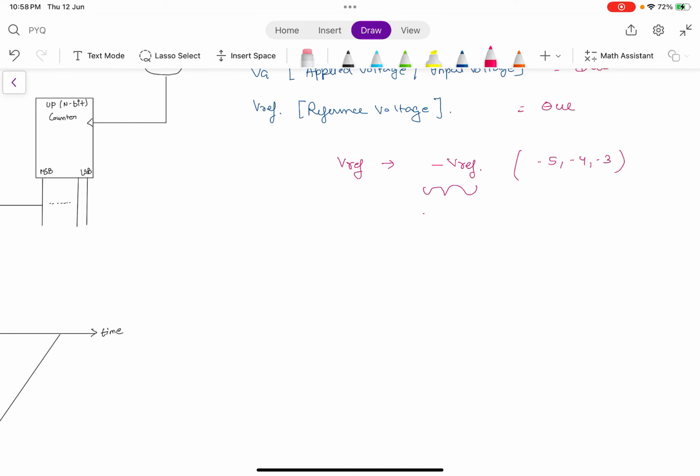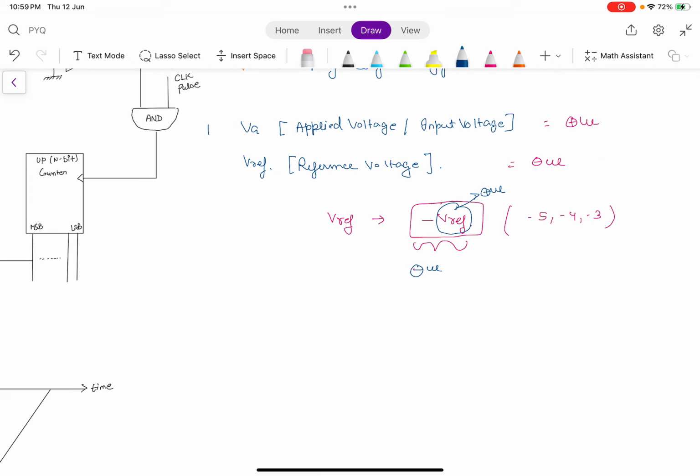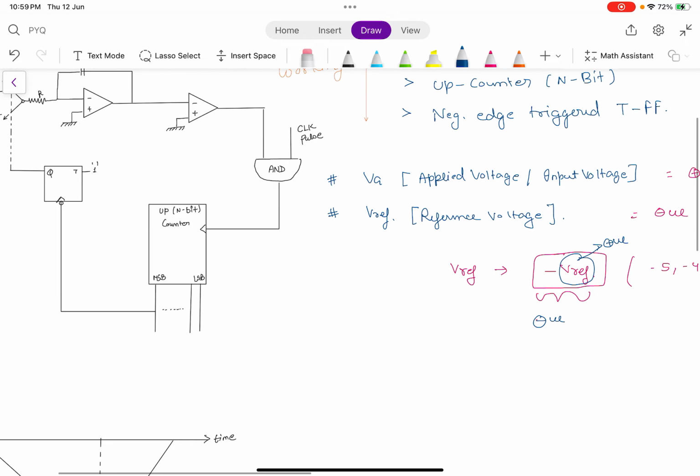So I will write it as minus of V reference, which means V reference is your positive value and the complete term is your negative value. It is a very small part, but many students find it confusing and put the wrong values. I hope this much is clear.